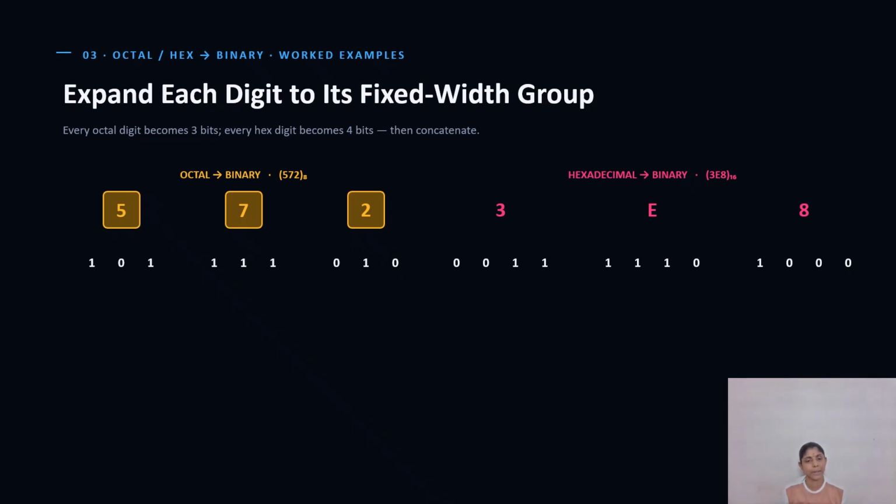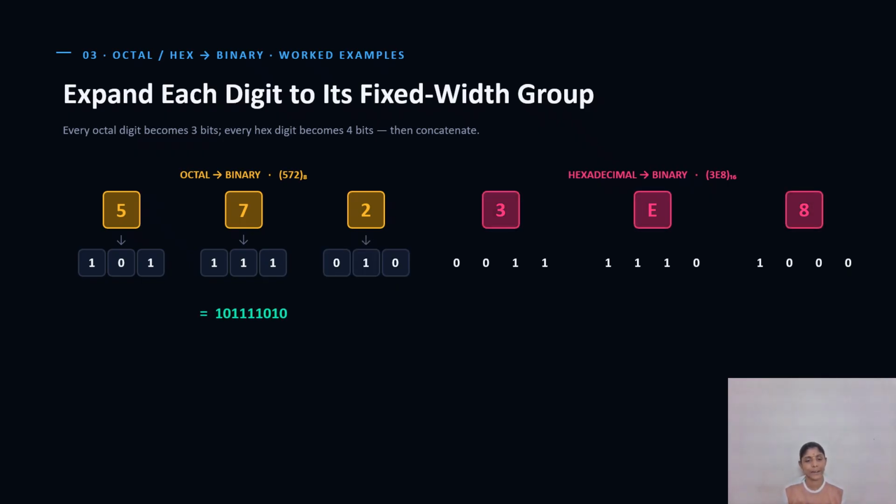What is the third number? 2. 2 alone should be on, the others off. So for 5, 101. For 7, 111. For 2, 010. So while writing, what is the resultant you got? 101 111 010. Next we will check hexadecimal to binary. If it is a hexadecimal, how many bits do you have to represent?